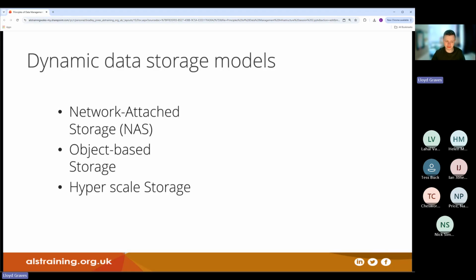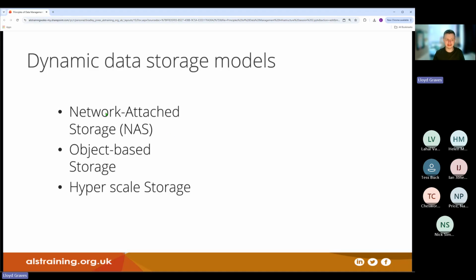The one thing that's important to note about these is they're not completely separate ideas. You could have a network attached storage that's also object based if you wanted to, or you could have hyperscale storage that's object based. So a system can be two of these things at once.